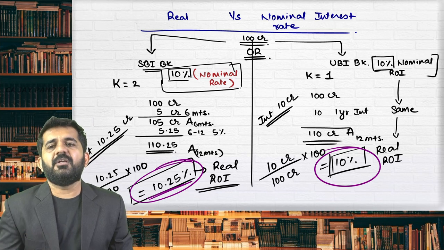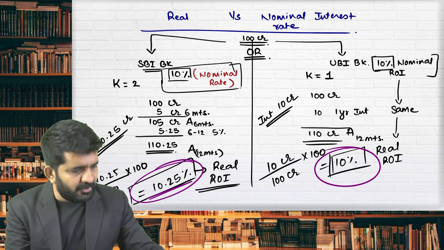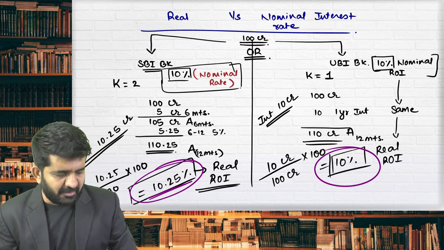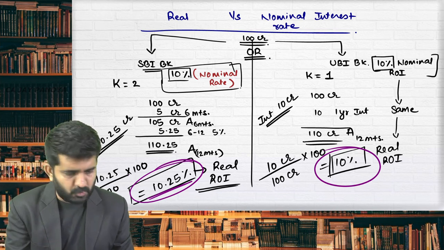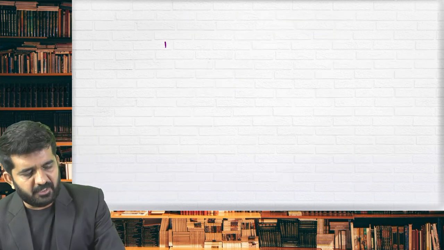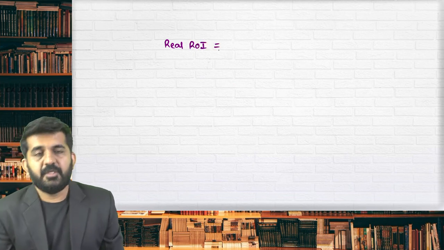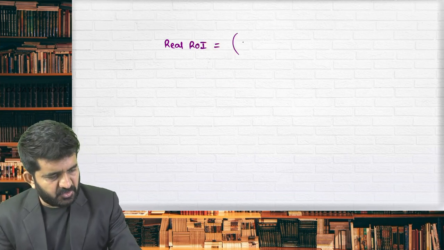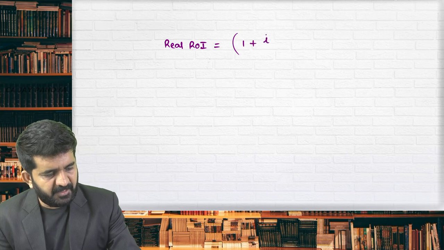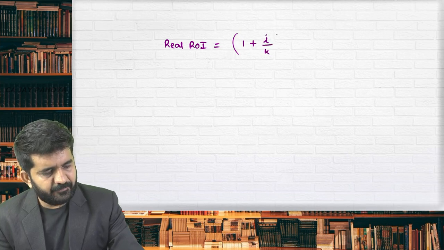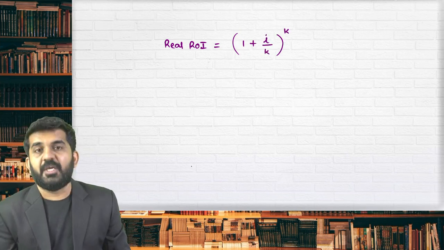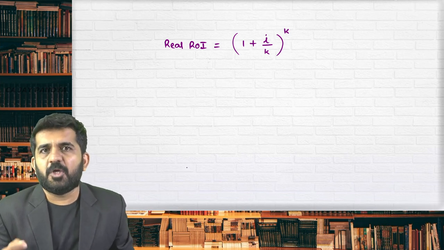To find out the real rate of interest, sir, every time do we need to draw this chart and find out the real rate of interest by comparing this? The answer is no. You can directly find out the real rate of interest by doing this: 1 plus I upon K raised to K. See, believe me, what is this?